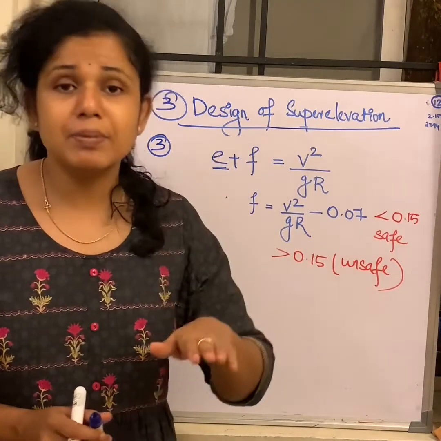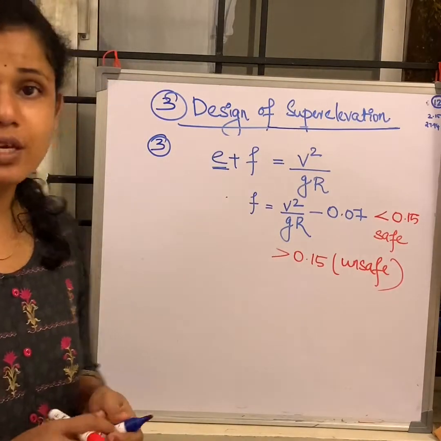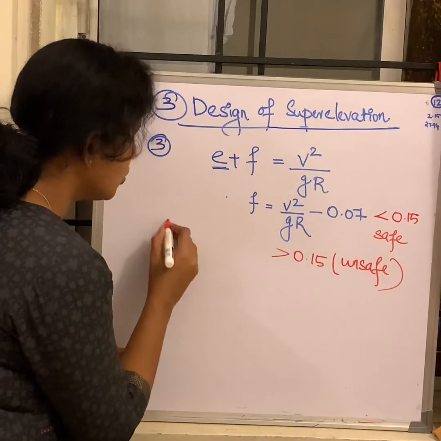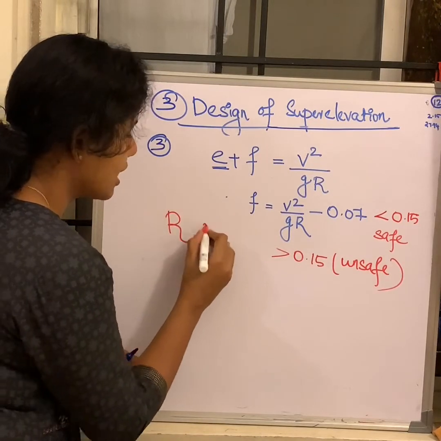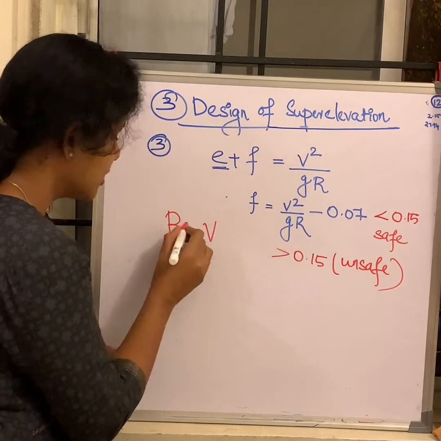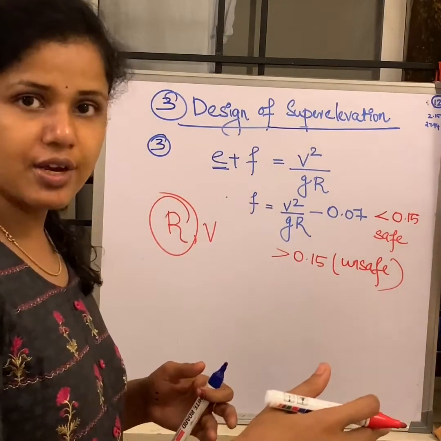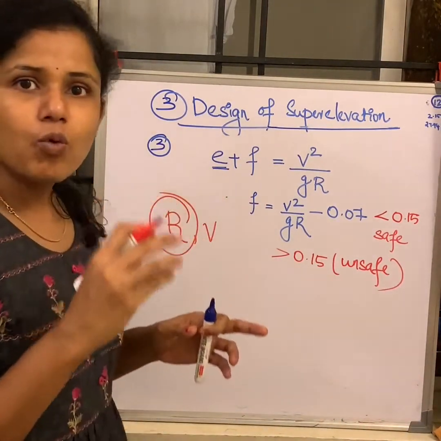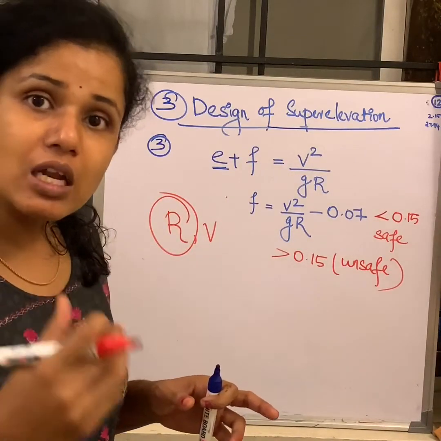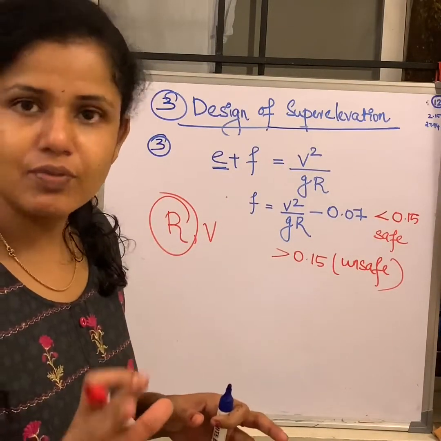Now if I am limiting that, what are the other parameters I can look at? I have to look at the radius and speed of the vehicle. So either I should increase the radius, provide a larger turning radius, or restrict the allowable speed.